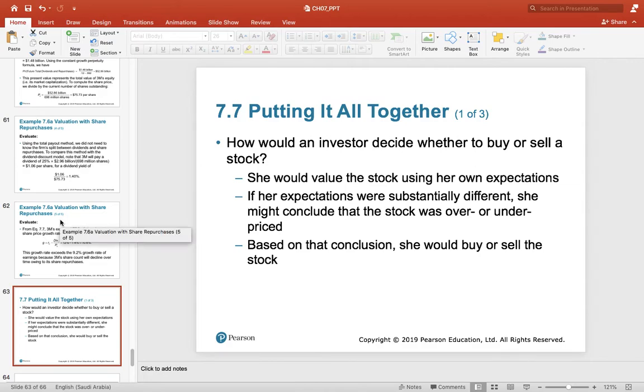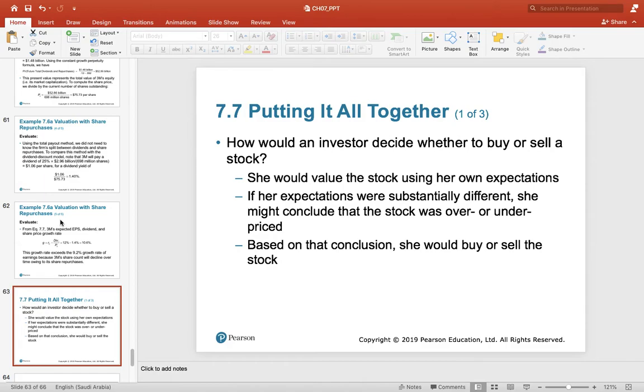So putting it all together, as an investor, how do you decide whether to buy or sell a stock? You should value the stock using your own expectations. You can use the dividend discount model or other valuation techniques not discussed in this chapter. Here only the dividend discount model is discussed.